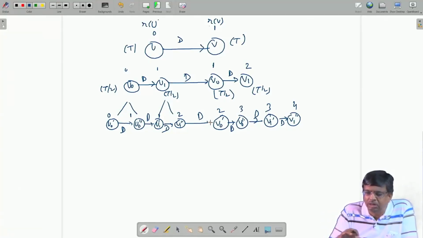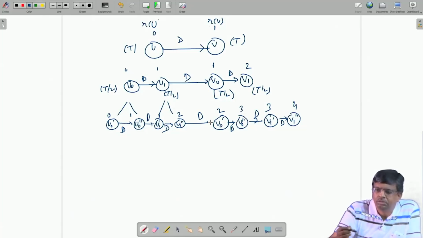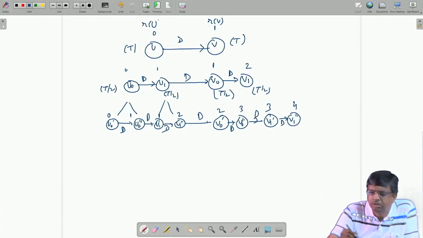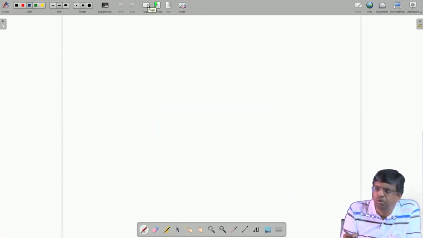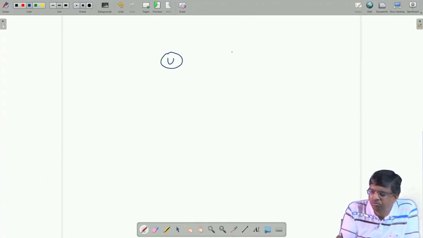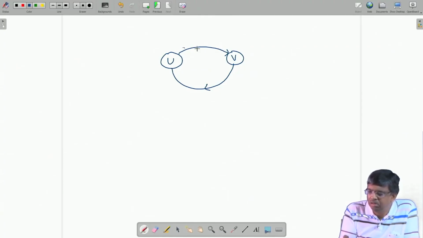But now I consider another structure, that is loop, and if I have to do the same thing here, we will see what happens. Suppose there is a loop, just two nodes, U, V. There cannot be a delay free loop, as I told you, because that means if you want this output, that will depend on this input, but this input depends on that same output.